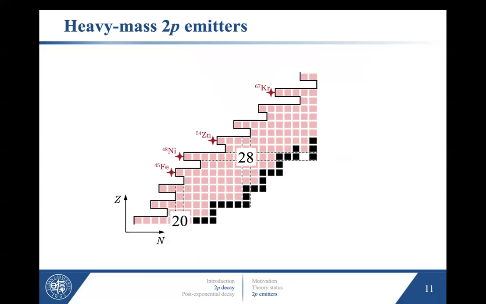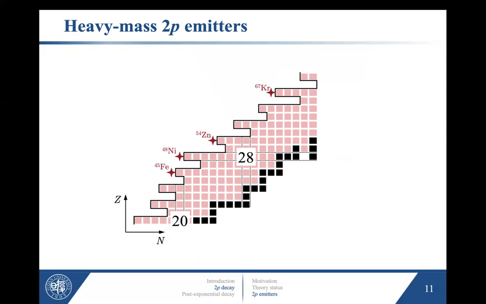And today we are mainly focused on these mid-heavy systems. So far there are four two-proton emitters in these mid-heavy regions: iron-45, nickel-48, zinc-54, and krypton-67. So why are we studying this place?